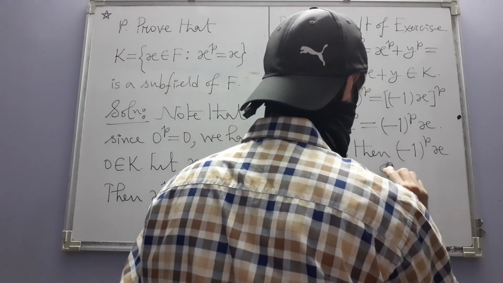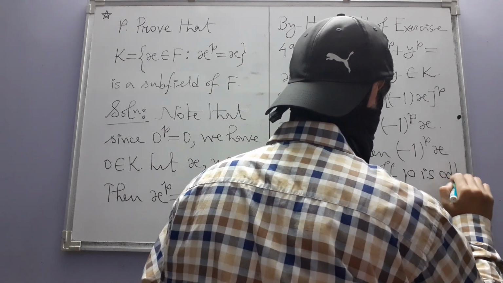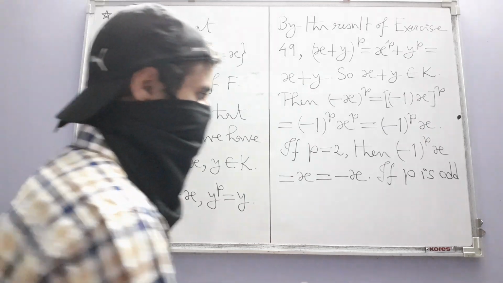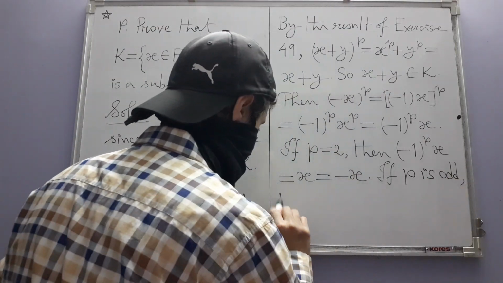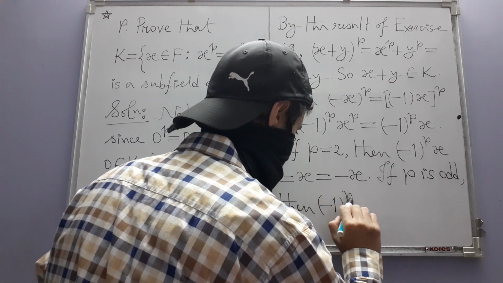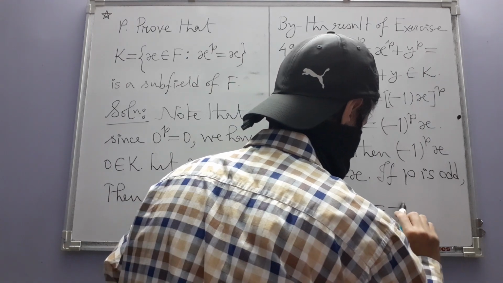On the other hand, if p is odd, here we have it more quickly. Then this is just simply minus x.